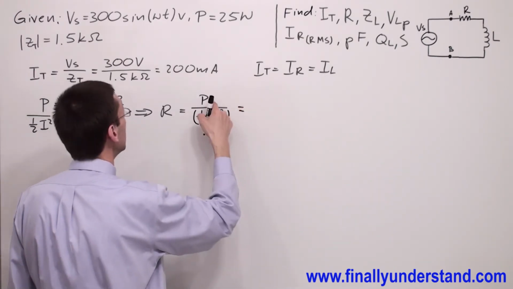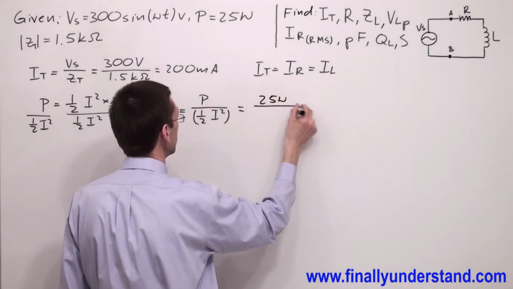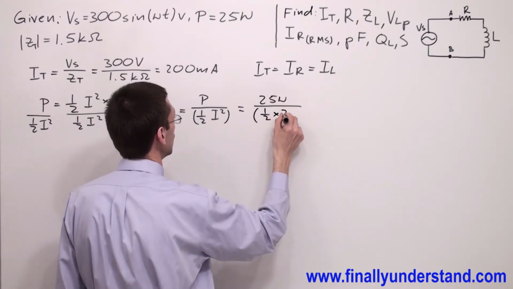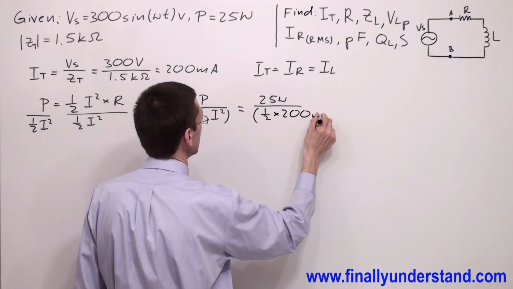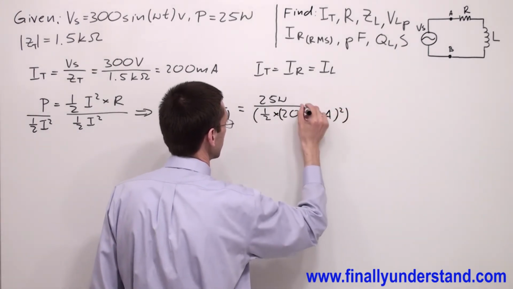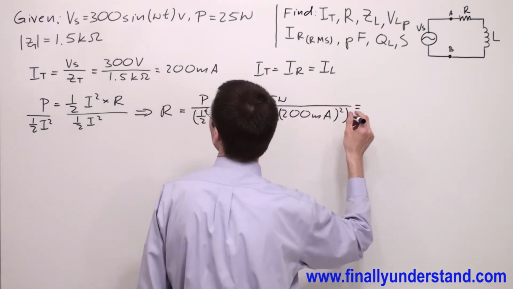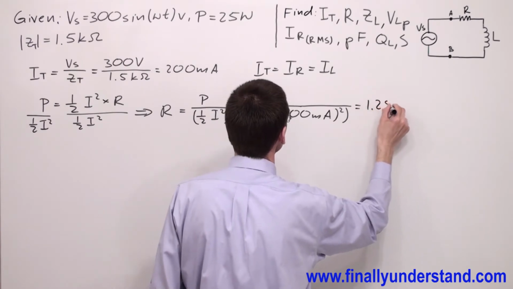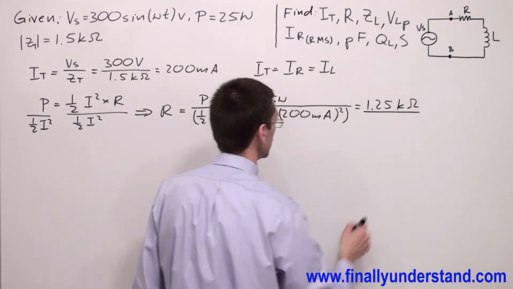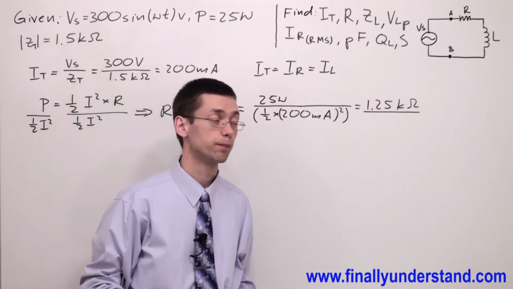This is equal to power, true power, 25 watts divided by 1/2 times 200 milliamps to the second power. This is equal to 1.25 kilo ohms. Okay, so this is the resistance of my resistor.